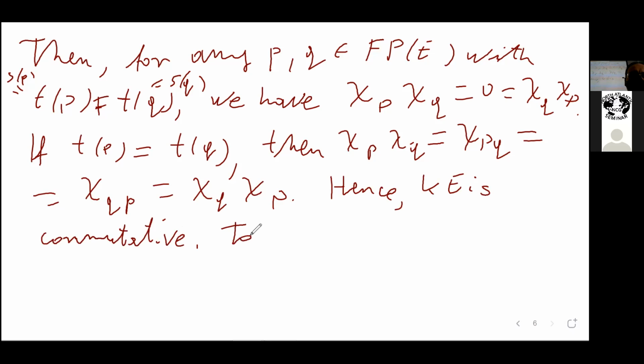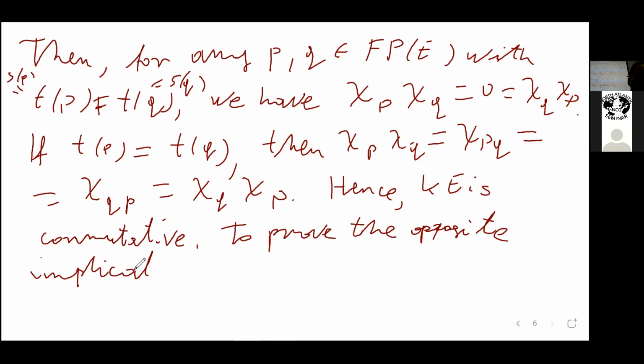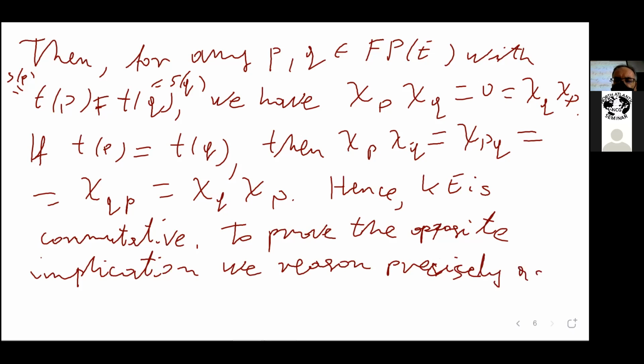And to prove the opposite implication, we reason precisely as in the semi-ring case.